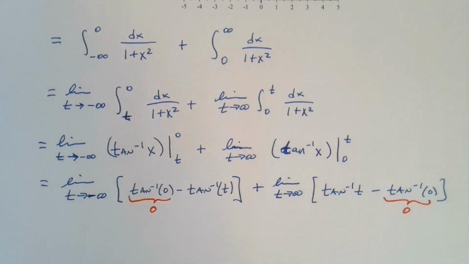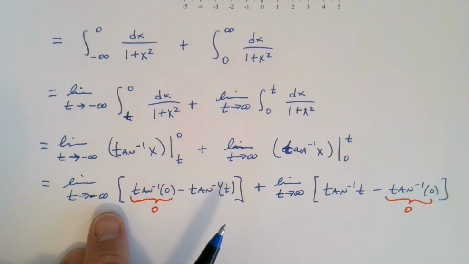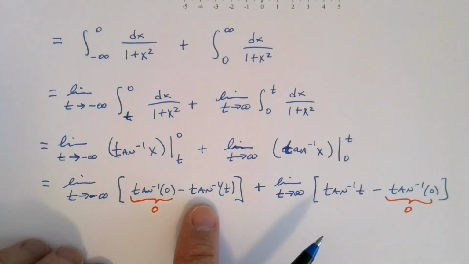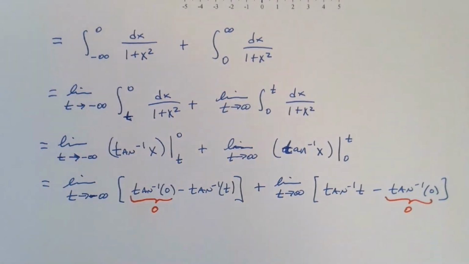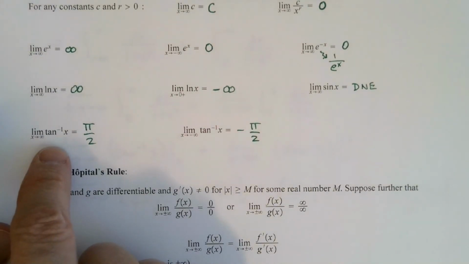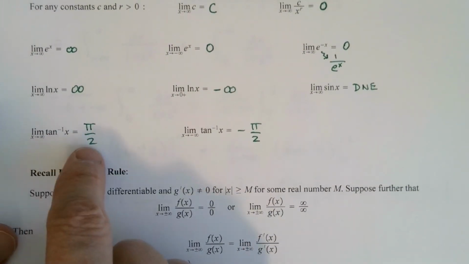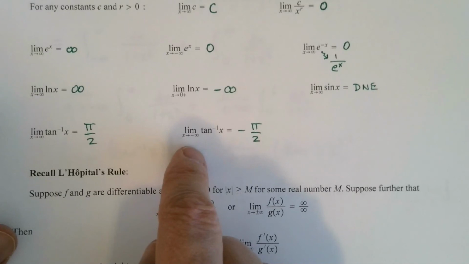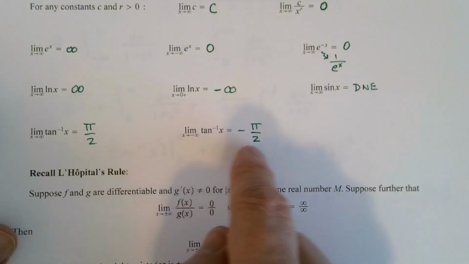What's the limit as t goes to minus infinity of tangent inverse of t? Well, I'll just pull out this sheet from our last video, and I'll remind you, as x goes to infinity, the tangent inverse function is going to pi halves. As x goes to minus infinity, the tangent inverse function is going to negative pi halves.